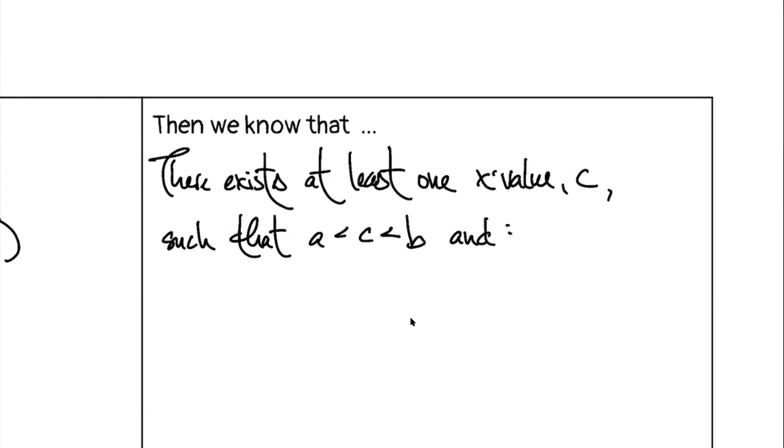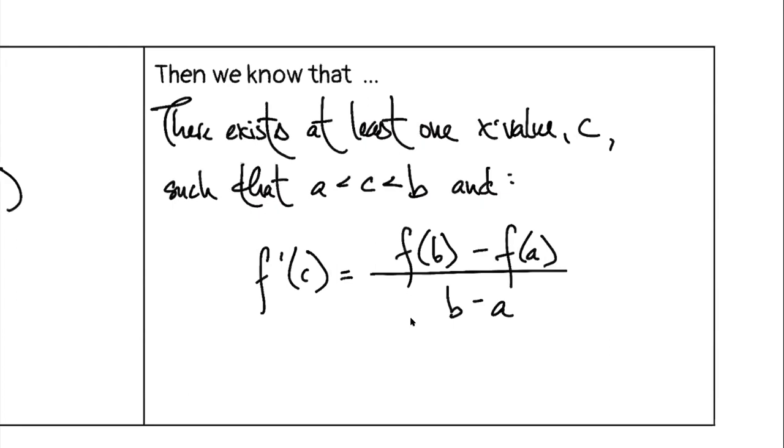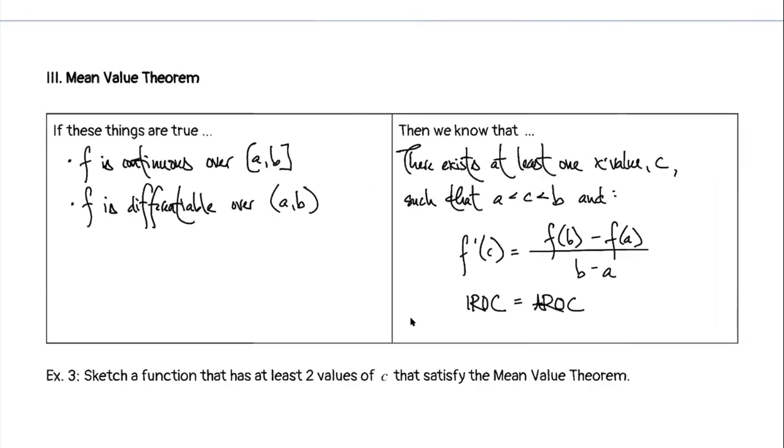And the slope at c is equal to the average rate of change. In other words, instantaneous rate of change equals average rate of change.